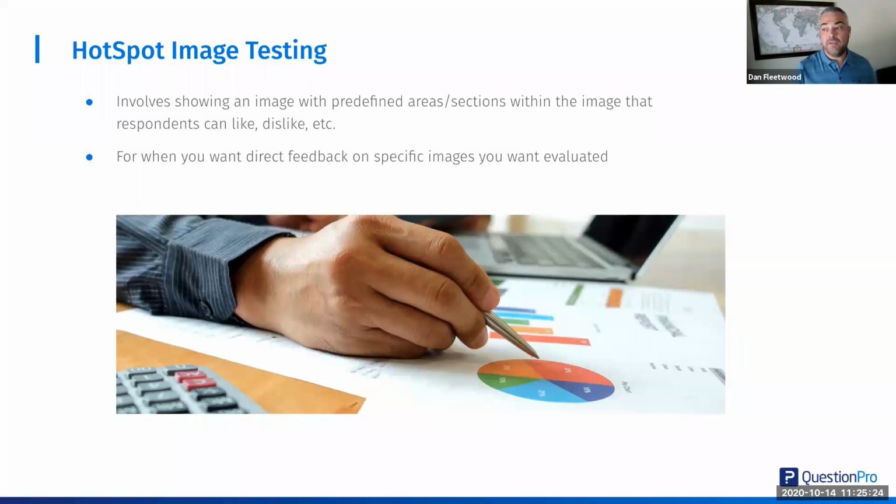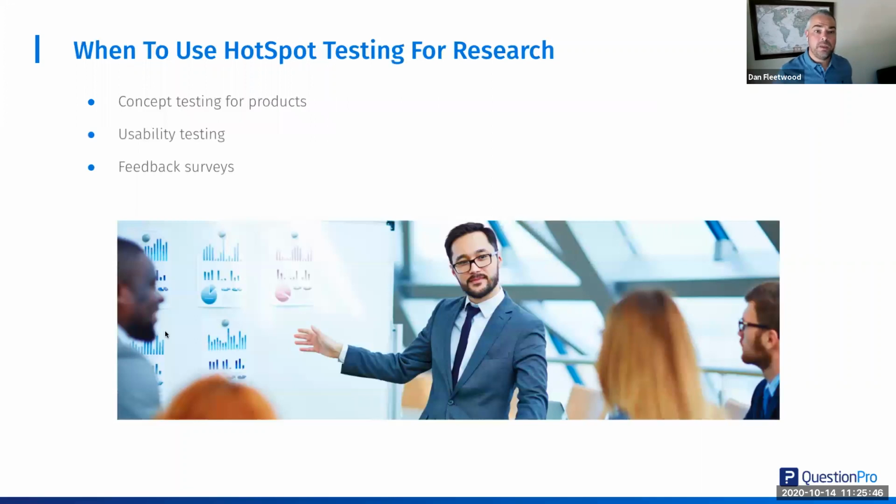And this could be done after you've done some heat map testing in terms of what area is drawing the most attention. Or it could be, hey, what do you think about this title or this image on the packaging or website, whatever it might be. But it involves those predefined areas, which I think are the key point here for this hotspot image testing.